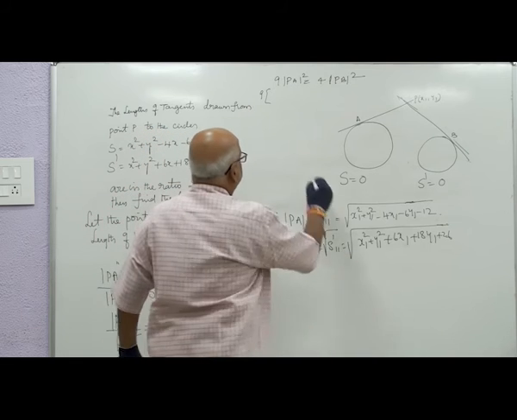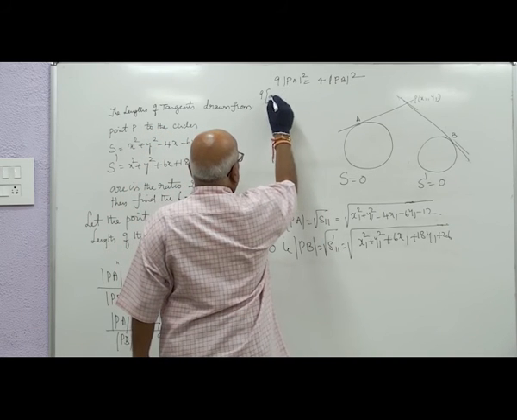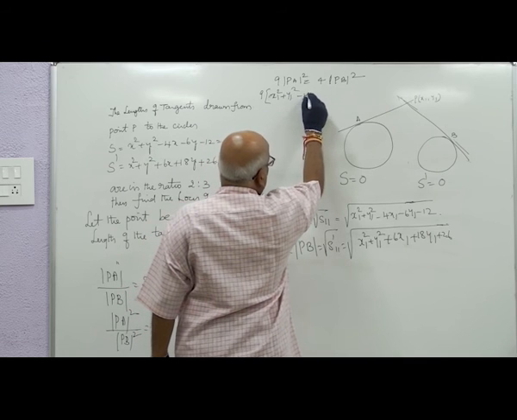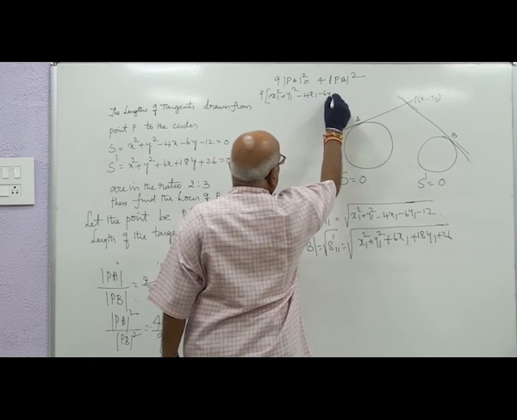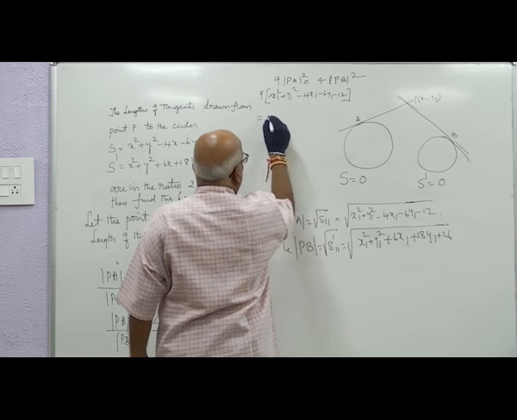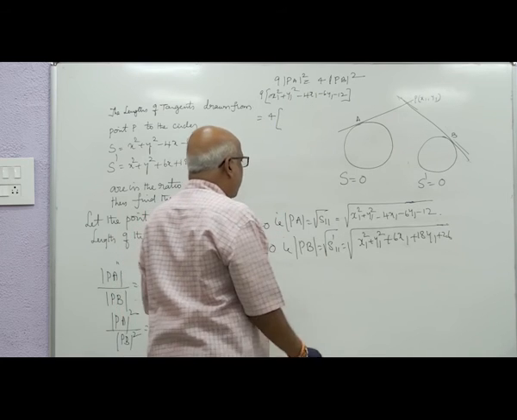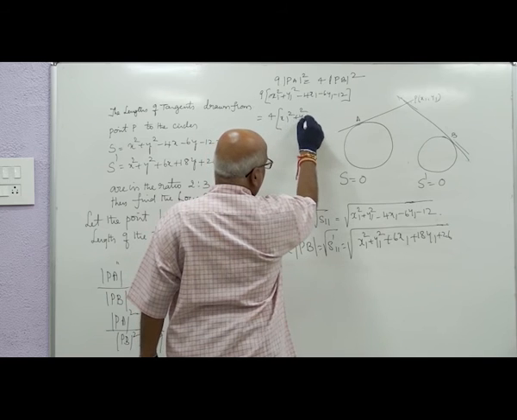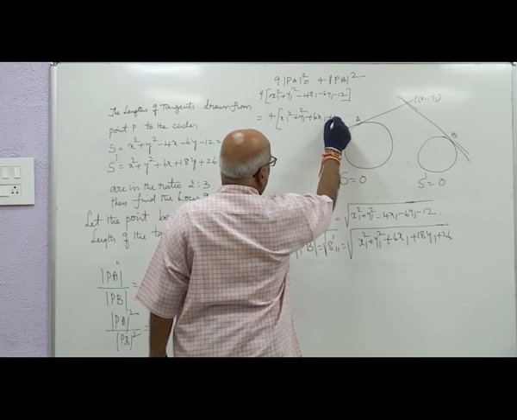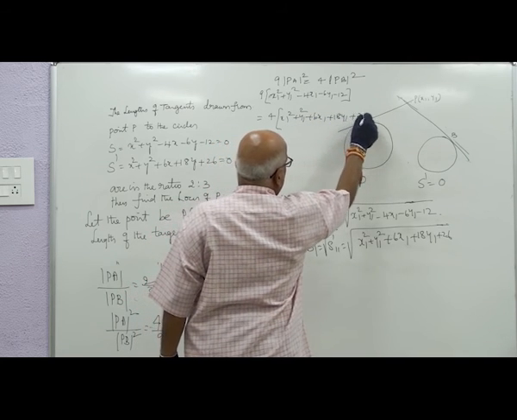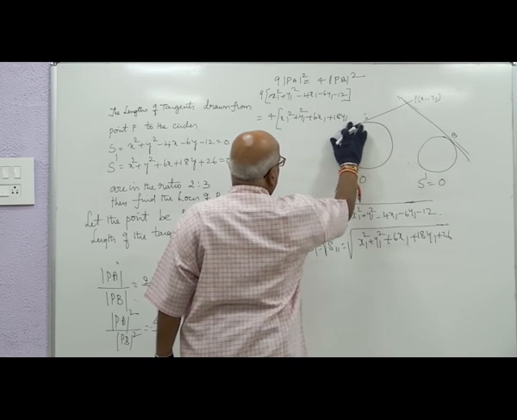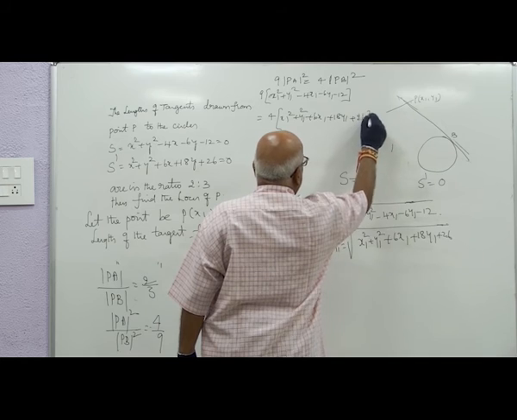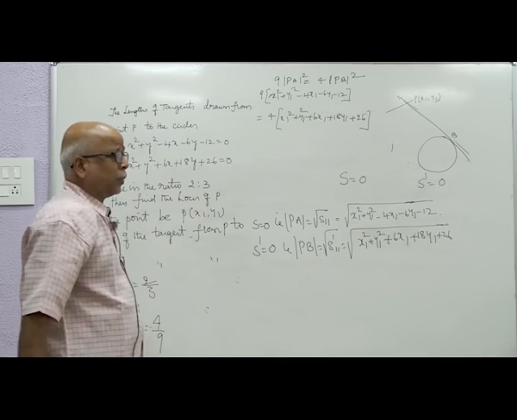Square of this one. x1 square plus y1 square minus 4x1 minus 6y1 minus 12 equal to 4 into PB square, x1 square plus y1 square plus 6x1 plus 18y1 plus 26. I am sorry, I will write down here. Plus 26. Bring all values to one side.